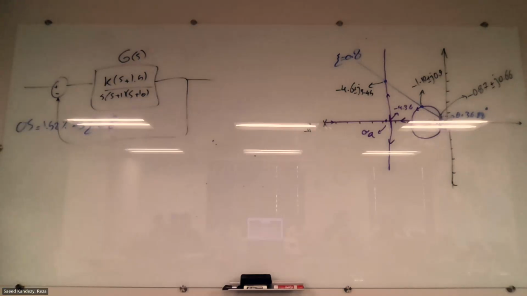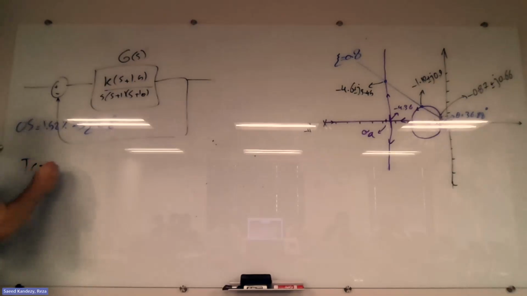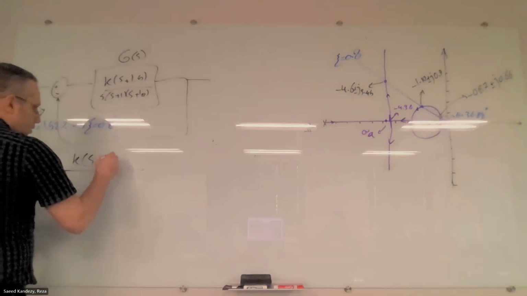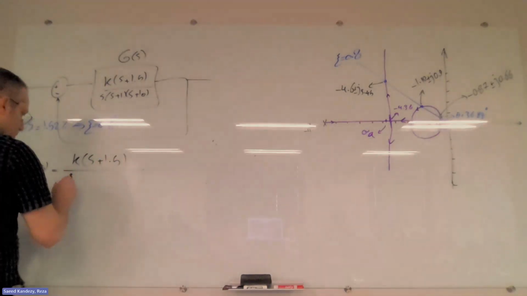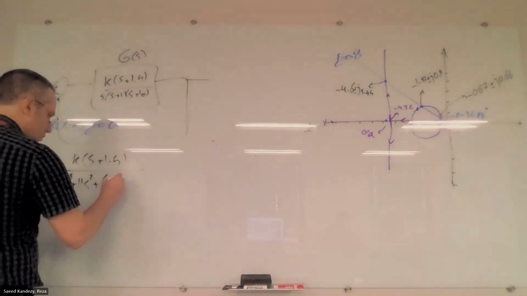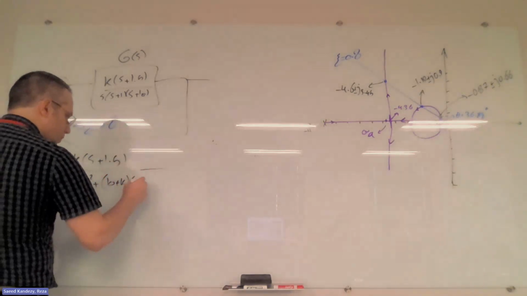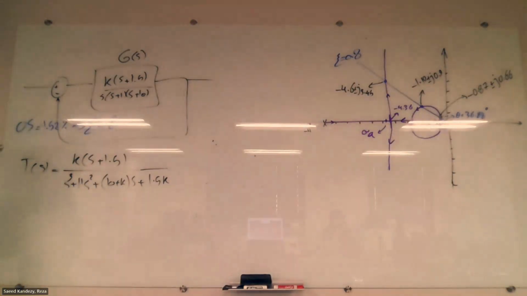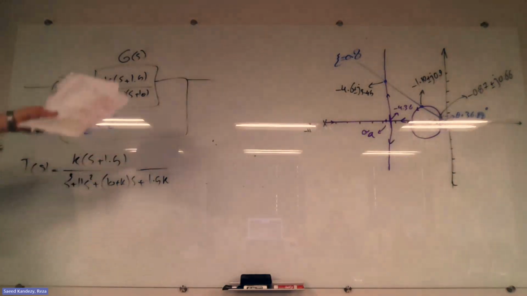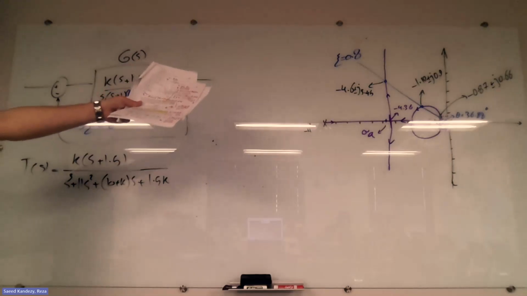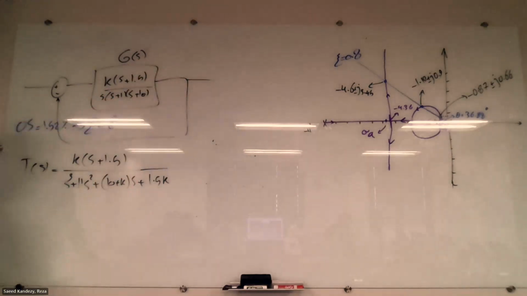Are we good? Now, do you remember that? Let me be perfectly clear. I don't want to have any confusion. That was our closed loop transfer function. Now, the poles are minus 4.6 plus minus j 3.45.